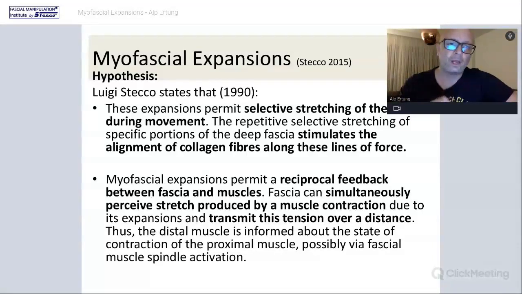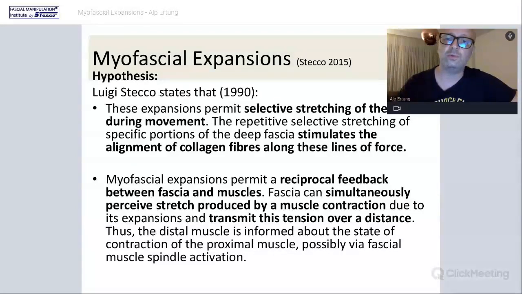Also, myofascial expansions permit a reciprocal feedback between fascia and muscles, like I explained a little bit in the first part. Fascia can simultaneously perceive stretch produced by a muscle contraction due to its expansions and transmit this tension over a distance.